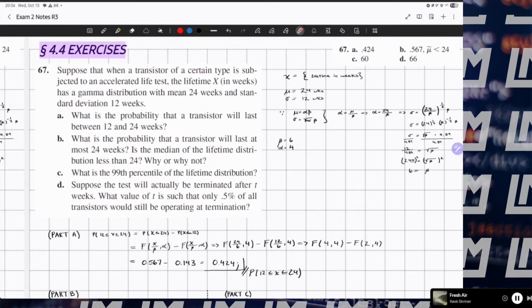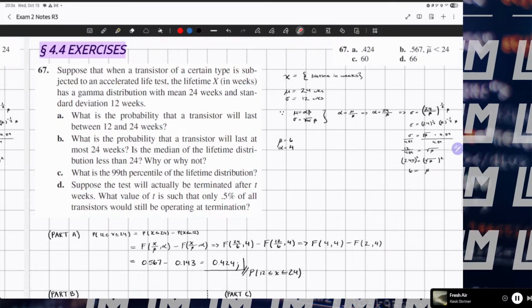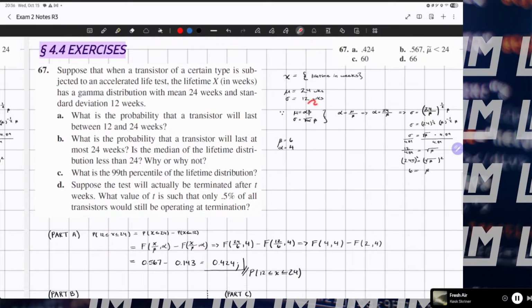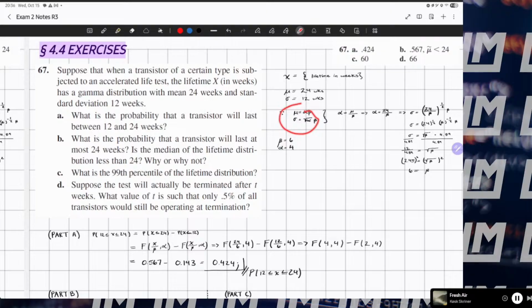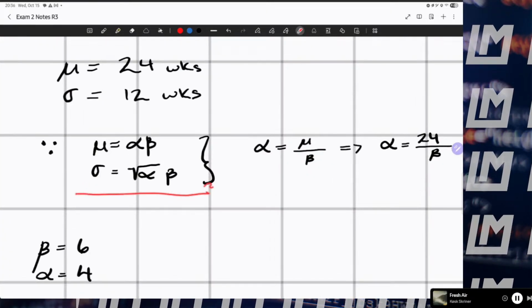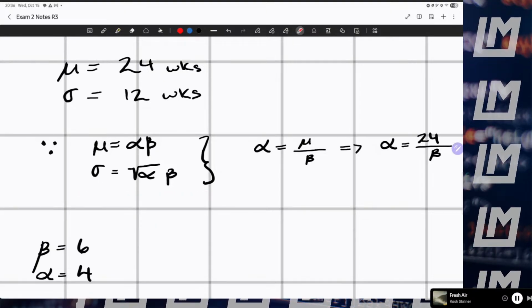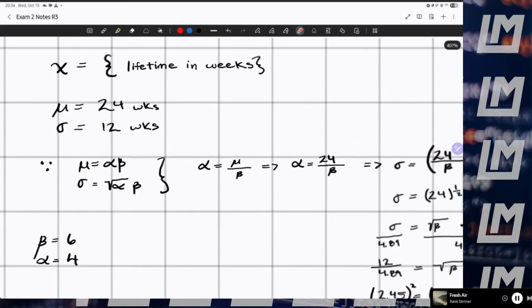Yep, we do have it. So I have it in that Adobe sheet I gave you, and when you look right here, this is the formula for the corresponding mu and standard deviation for gamma distribution.